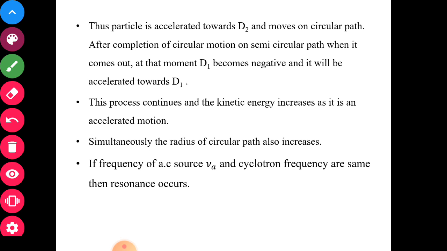The frequency of this AC source, which is the oscillator, denoted by nu A, and the cyclotron frequency, the formula which we have already derived, both are the same. The frequency of the oscillator and the cyclotron frequency are matching.